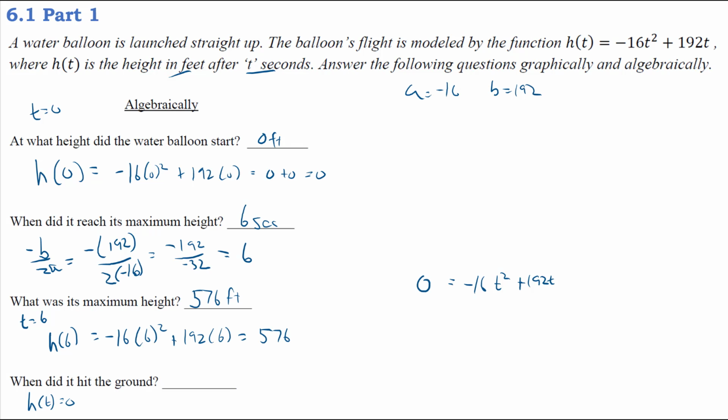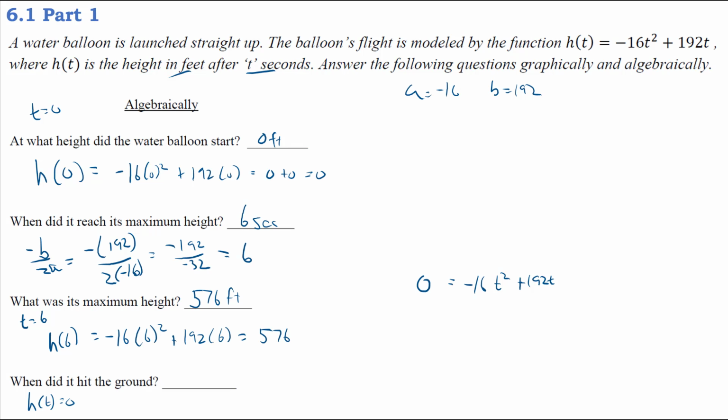With this, let's go ahead and factor. It looks like we can take a t out for sure, because we have t squared and a t. And the 16 is also going to go into that 192. So let's factor out the negative 16t, just to get that negative off there as well.